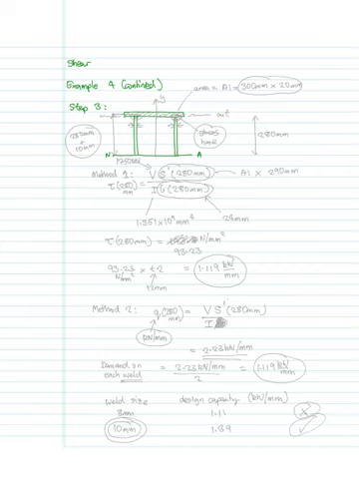In this bit here, we're going to be making a cut, and we want to work out the stresses or the forces on the weld in the direction into the sheet of paper. So let's imagine that we're making a cut here.